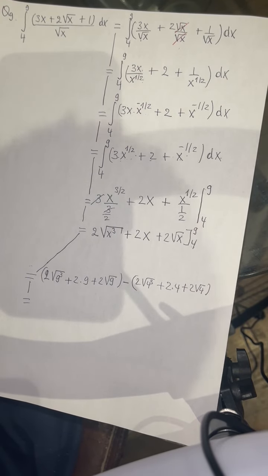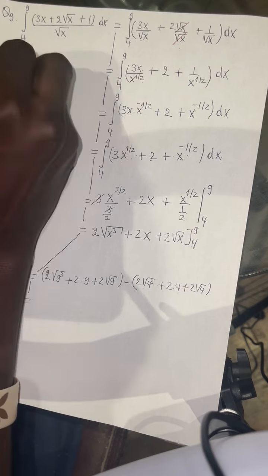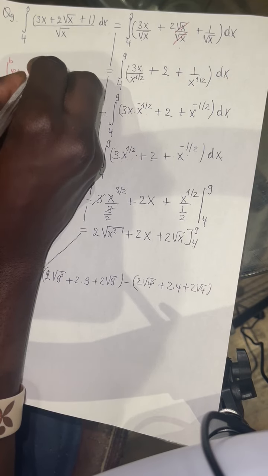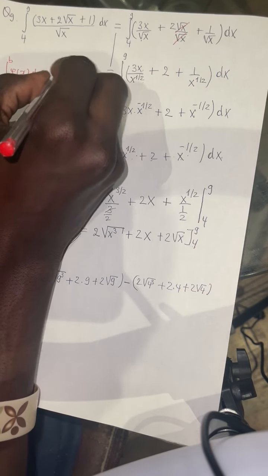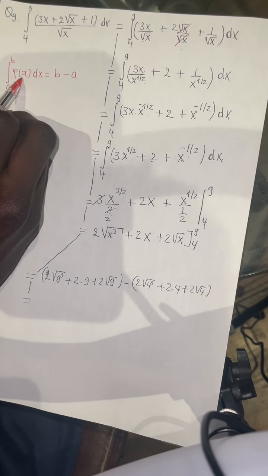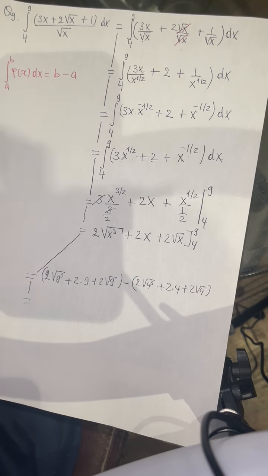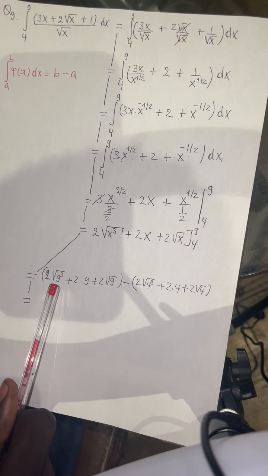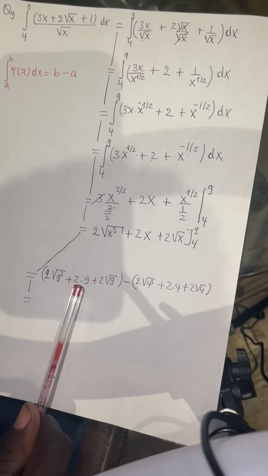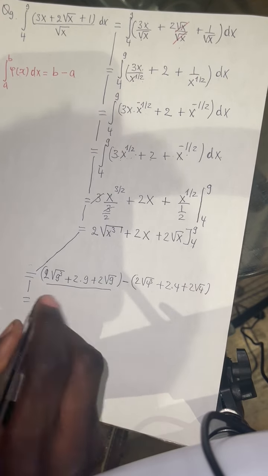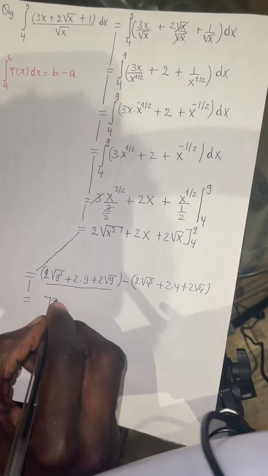So guys, remember the formula: when you have the integral from a to b of f(x) dx, the answer is just going to be F(b) minus F(a), but b and a are put in wherever there is x. So now, doing this, if you take 2 square root of 9 to the power 3 plus 2 times 9 plus 2 square root of 9, and take that in your calculator, you have to find 78.